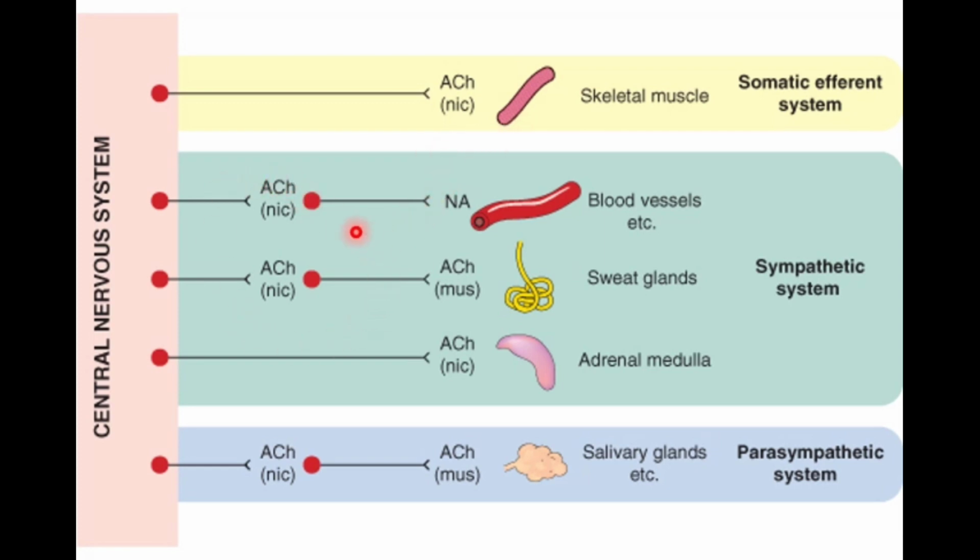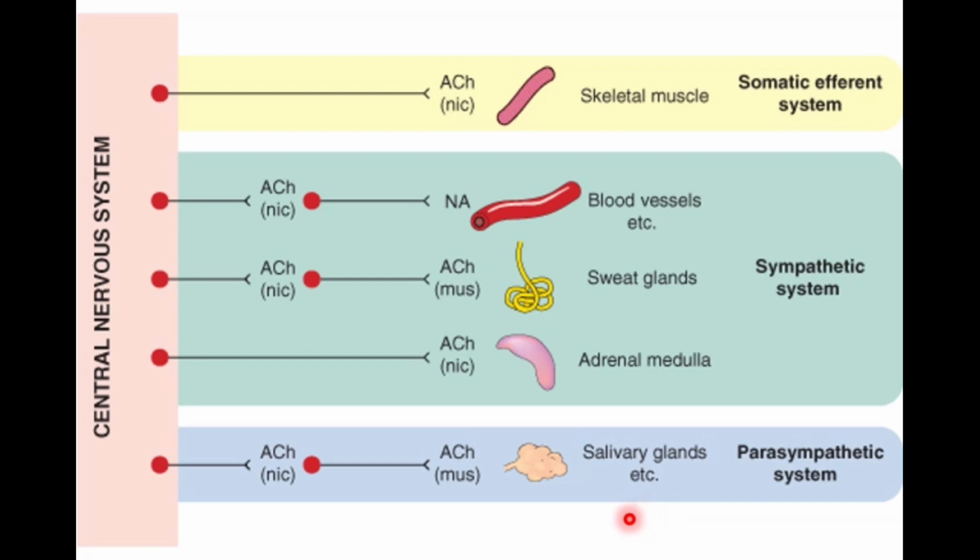The cholinoceptors of autonomic ganglia, both sympathetic and parasympathetic, are nicotinic. The cholinoceptors on the adrenal medulla are also nicotinic.